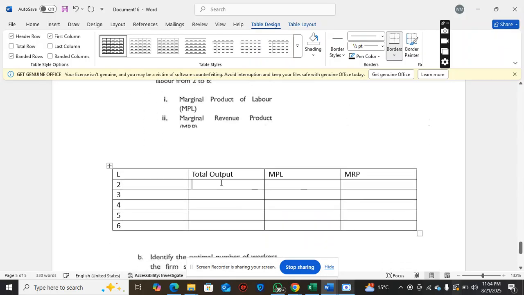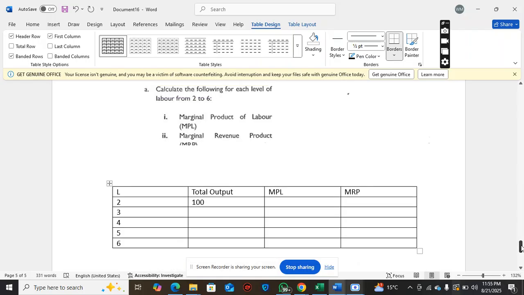So it's the additional output produced by hiring one more worker. Additional output produced by hiring one more worker.